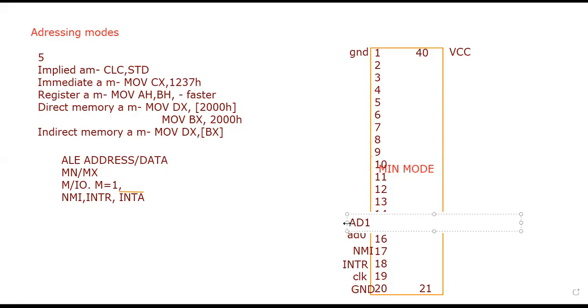It can be an address bus or it can be a data bus. So we have AD1, AD0 to here AD14, right? AD14 is over here. If you remember, at pin number 39, we have AD15.